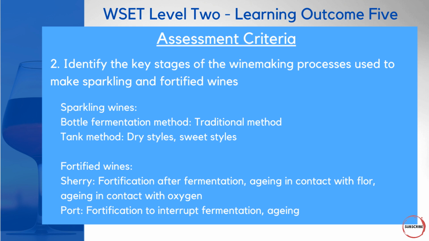And then from a fortified wine perspective, when it comes to sherry, you'll learn about fortification after fermentation. You'll understand what it means when wines are in contact with flor for aging, as well as what it means when wines are in contact with oxygen for aging. And then finally for port, fortification to interrupt fermentation and aging are some of the processes that you're going to cover off as part of this course.